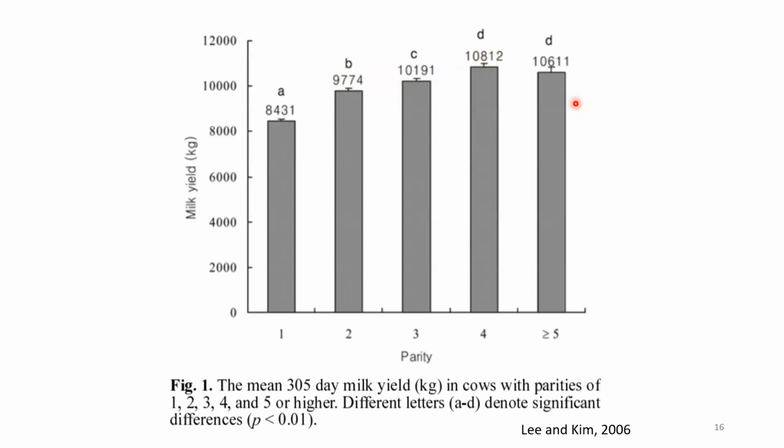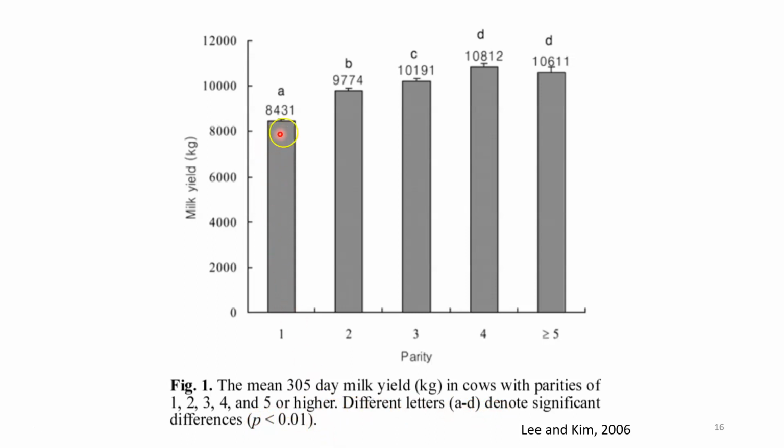But again, statistics come into play. You cannot make such statements just by looking at numbers. So this is where you need statistics. Are these different? Indeed, they are. Different letters A, B, C, D denote significant differences at P less than 1%.